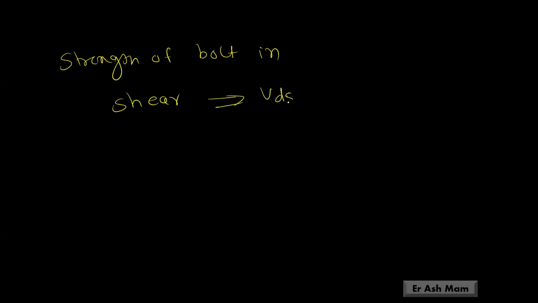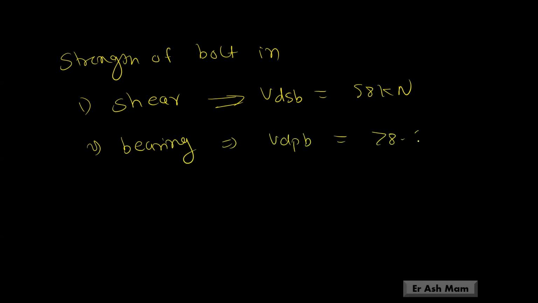The strength of bolt in shear is Vdsb equal to 58 kilonewton, and in bearing the strength is Vdpb equal to 78.64 kilonewton. It means if the load is less than 58 kilonewton, then the bolt can safely take this load.